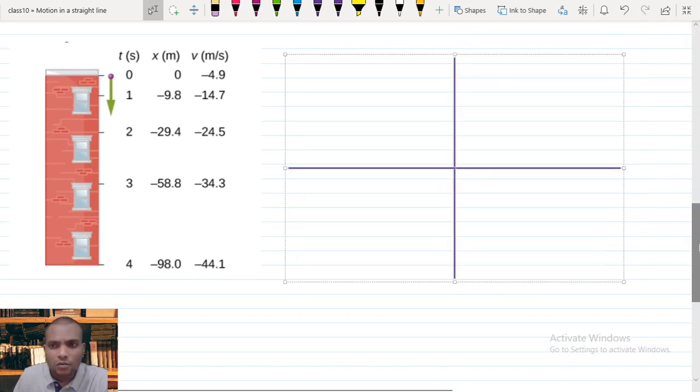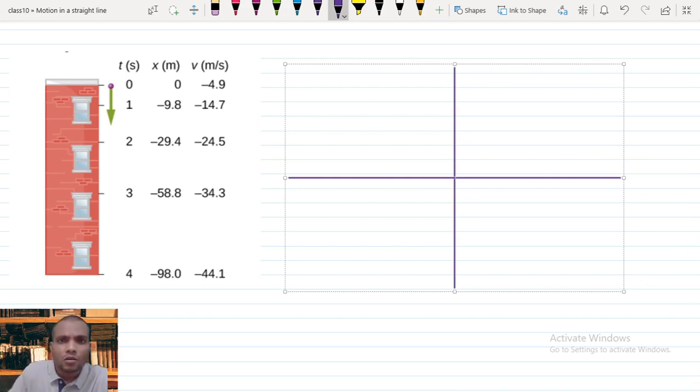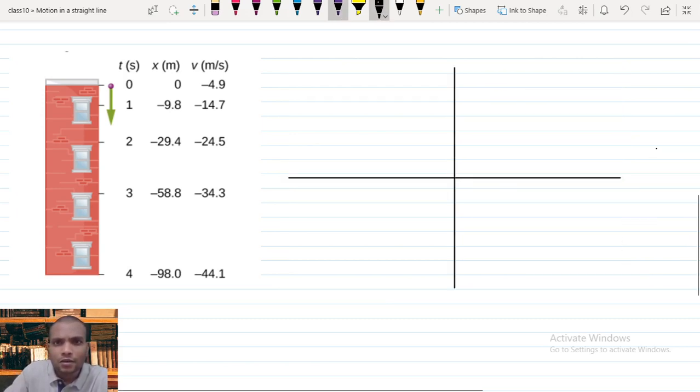Till now we plotted the position versus time graph along the x-axis and the time axis. Now in this case the object is falling, so we need to mind that time is always along the x-axis, and now position I should mention here, since it is along the y-axis.